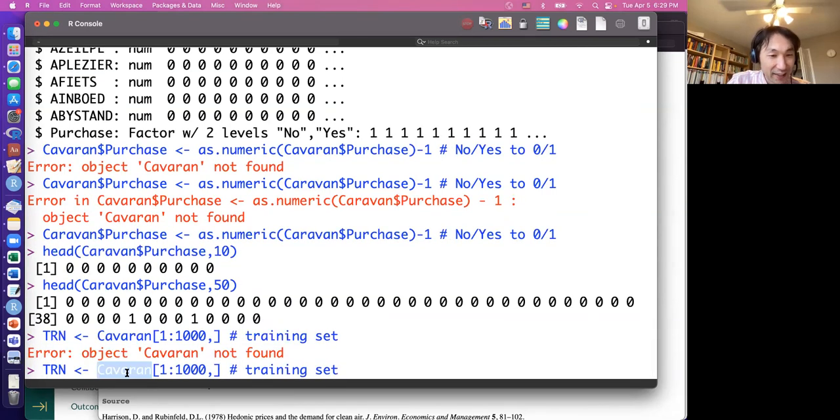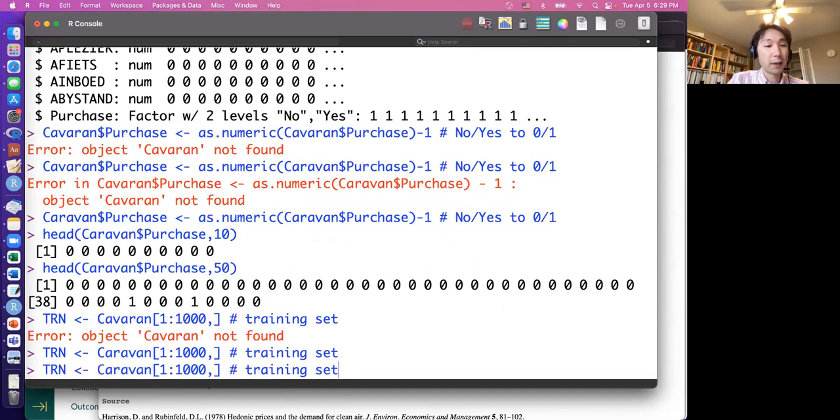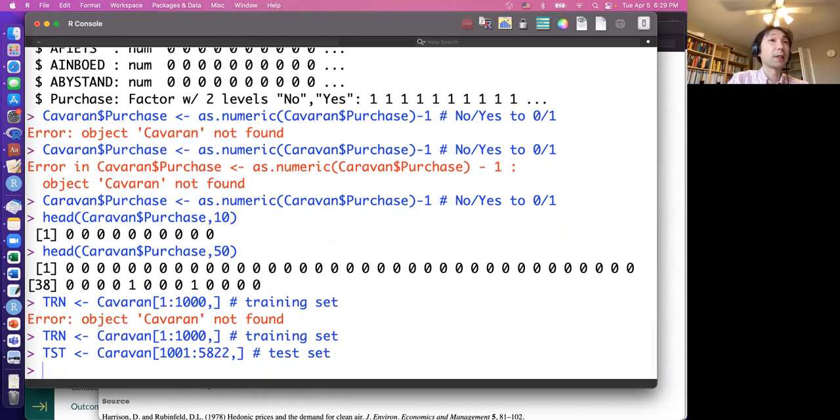I always mistype caravan. So TRN is this, and the test set, TST, is from the 1,000th observation to the last. And actually the size is 5,822. So this is the test set.